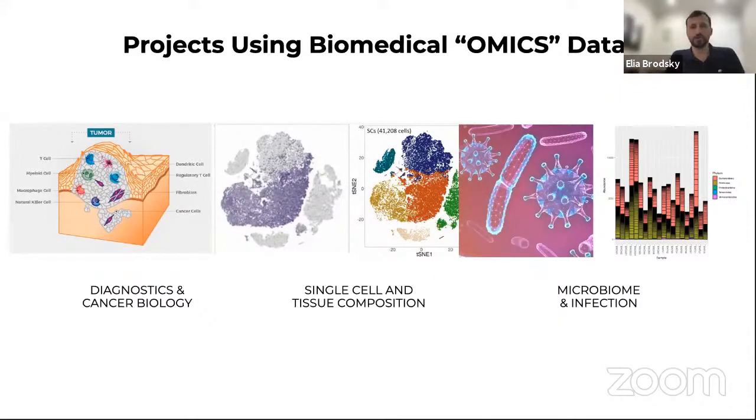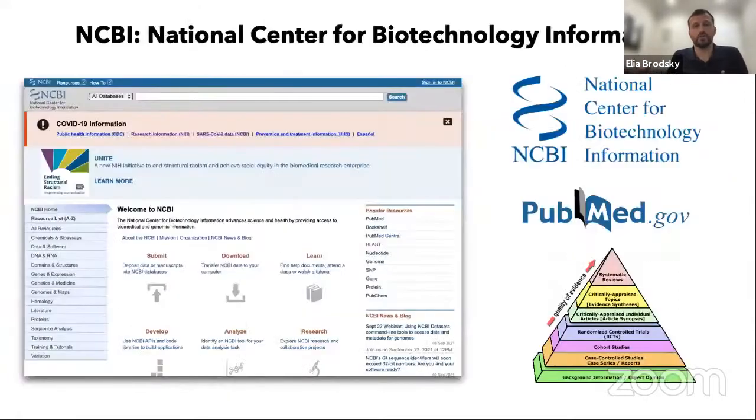Now, I think the most exciting thing is that there are huge amounts of data available for anyone to learn from and analyze on repositories like the National Center for Biotechnology Information, or NCBI, where you have layers of information, from processed information that has already been analyzed and interpreted and put into review articles or publications, all the way down to the raw data.